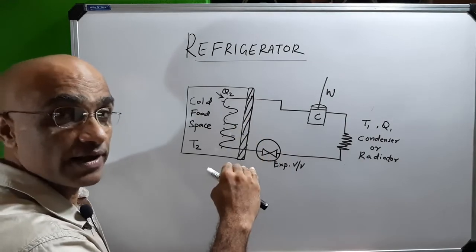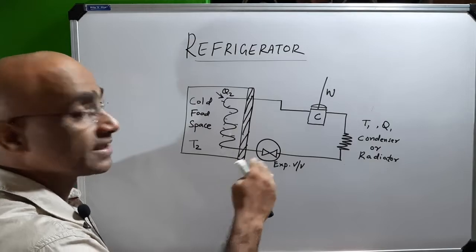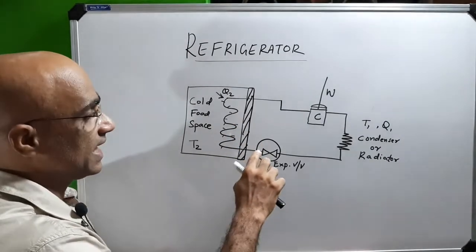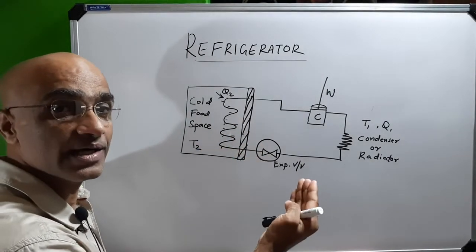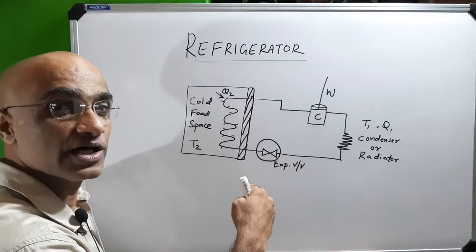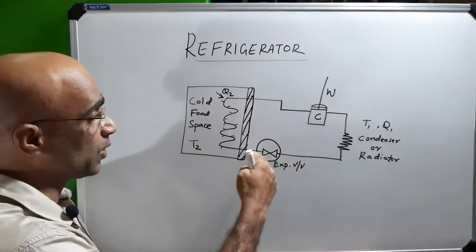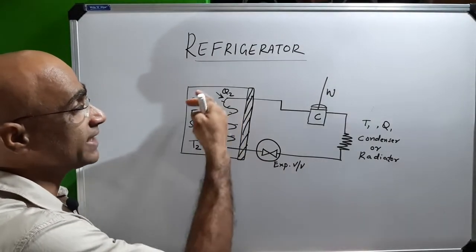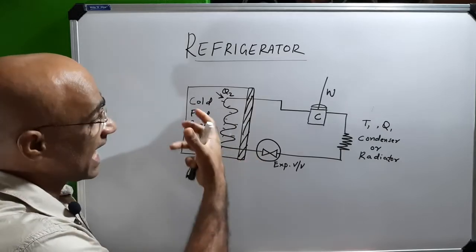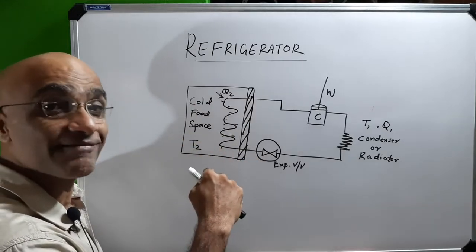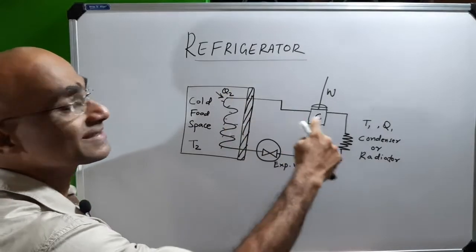Because of that falling pressure, the temperature also reduces, and again it is converted into a low pressure, low temperature liquid, which continuously evaporates in this cold food space, absorbing its latent heat of evaporation. So this process repeats.